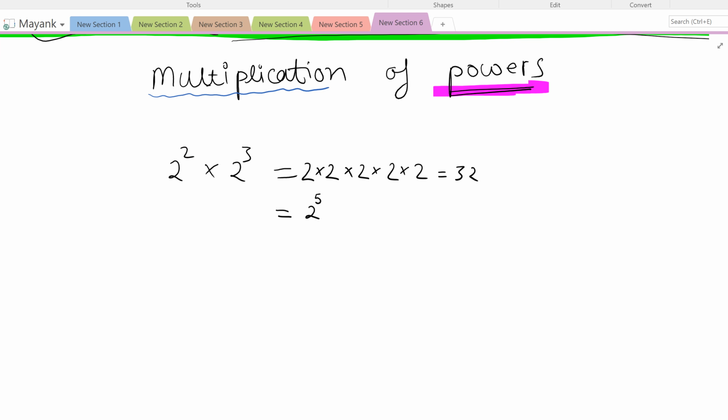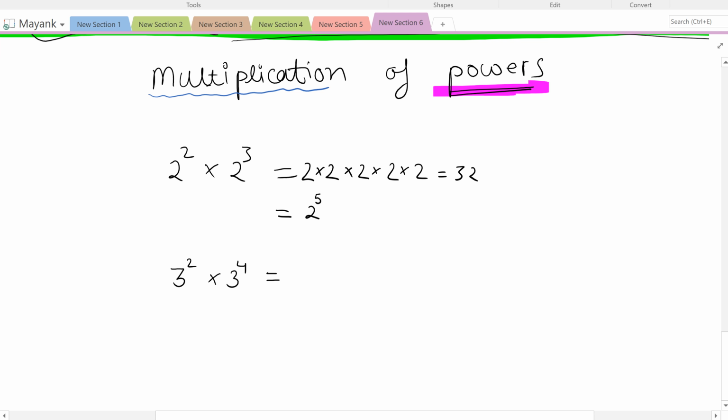Now the next example, 3 squared times 3 to the power 4. 3 powered by 2 times 3 powered by 4. What are we going to do in this case? Add them up.